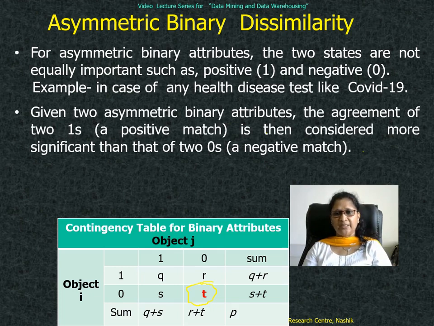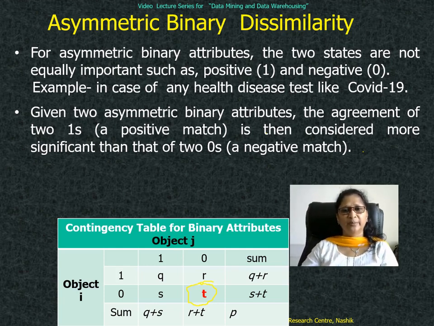Given an asymmetric binary attribute, the agreement of 2 ones, that is both positive match, is considered to be more significant than both negative. If we are talking about, let's say, two patients, and we are trying to find out what is the similarity or dissimilarity between two patients. And we have conducted many tests. Maybe how much is the hemoglobin for the particular patient, how much is their sugar test, then a BP, and so on.